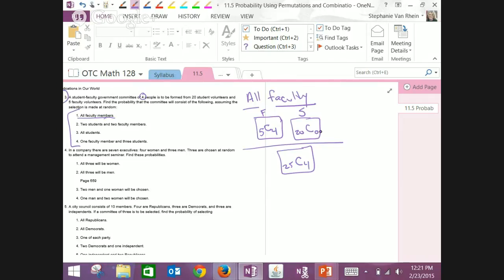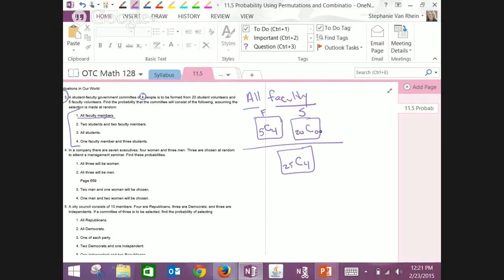The only time order matters is if it comes out to be like the first person's president, the second person's vice president, or if they give some kind of role to the people, like the first person's the pitcher, the second person's the first baseman. If the order has meaning, then you use a permutation. The combination is the fallback; the majority of the time, it's a combination.